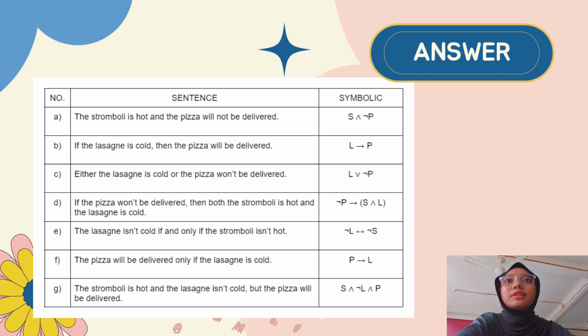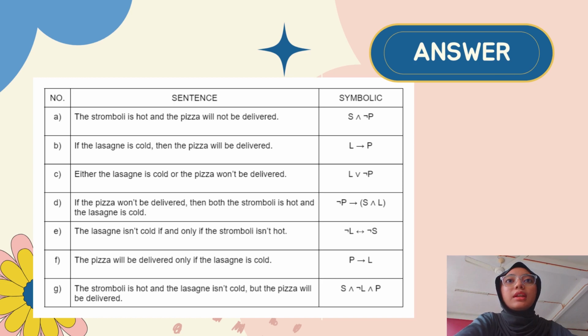For sentence B, if the lasagna is cold, then the pizza will be delivered, the symbolic form is L conditional P. For C, either the lasagna is cold or the pizza won't be delivered, the symbolic form is L disjunction not P. For D, if the pizza won't be delivered, then both the stromboli is hot and the lasagna is cold, the symbolic form is not P conditional (S conjunction L).